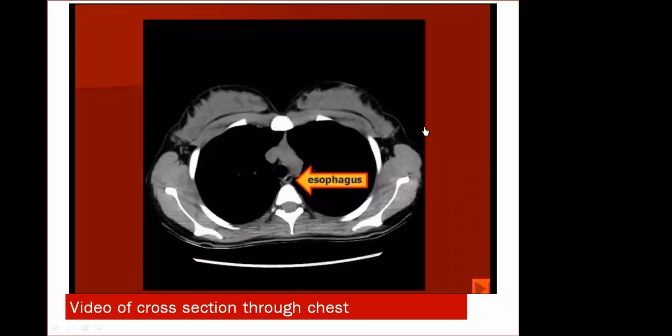This is the IVC. This is the left atrium, and this is the right. This is the IVC.